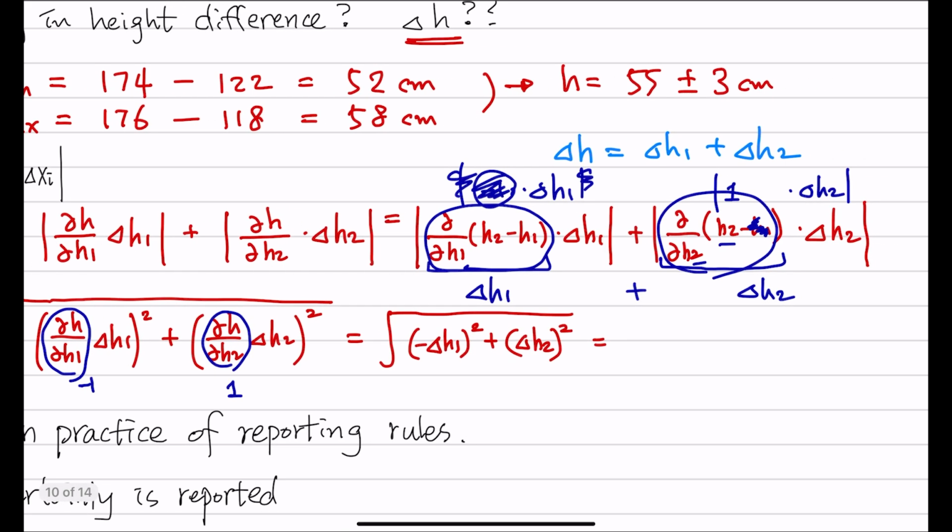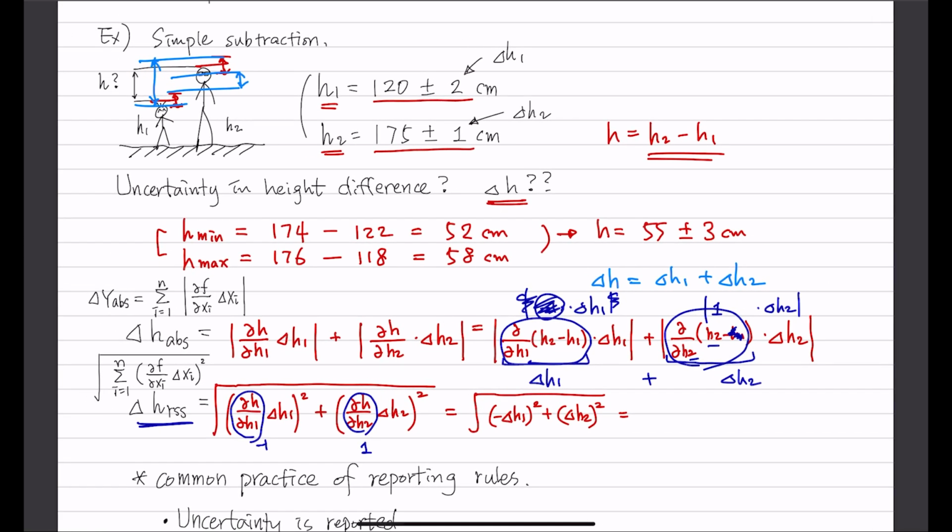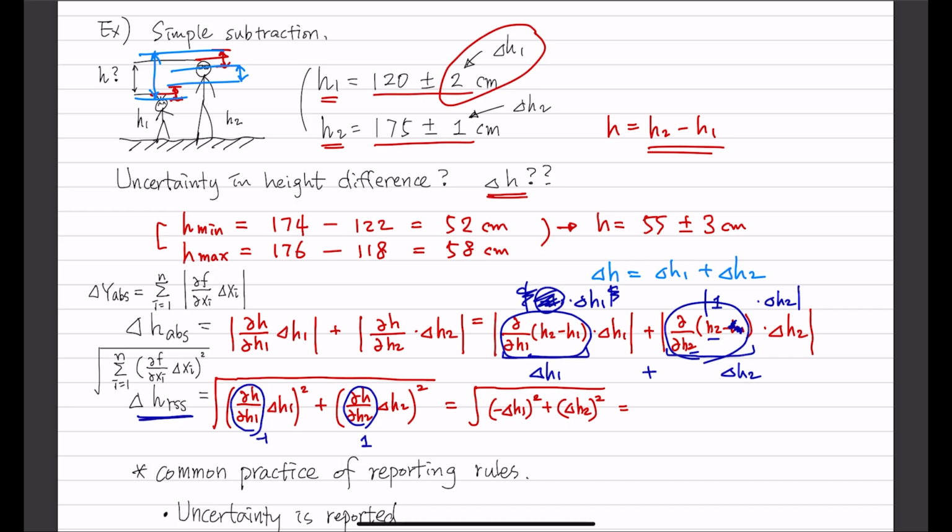This is nothing but, if we plug in the numbers, H1 was 2 and H2 was 1, so it's 2 squared plus 1 squared, square root. And that gives us something like 2.236 centimeter. So depending on the definition of the uncertainty or the combined uncertainty, the values may be slightly different.